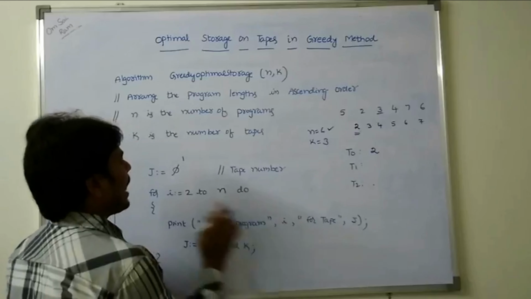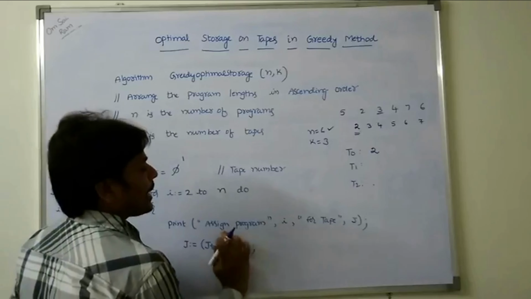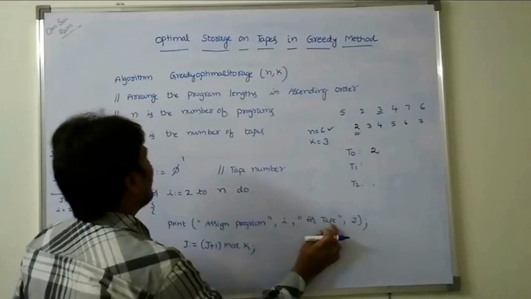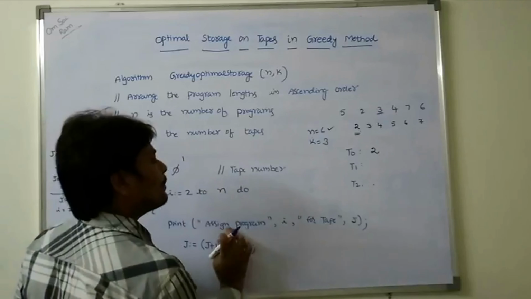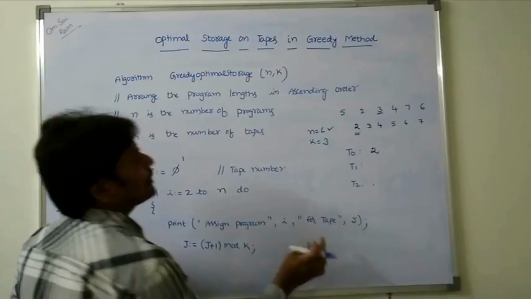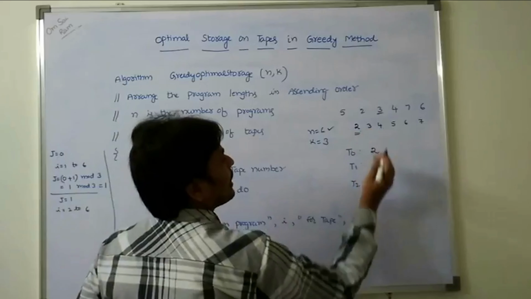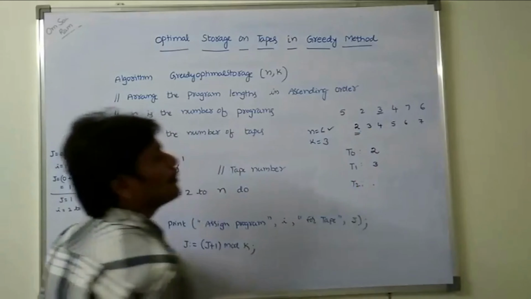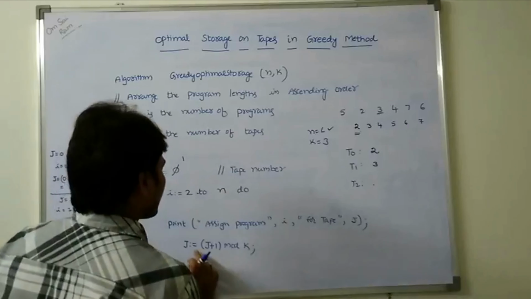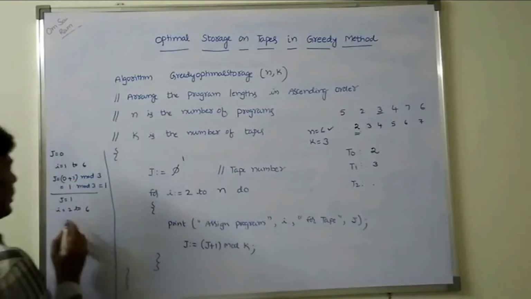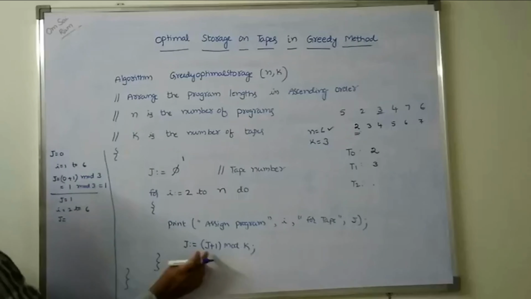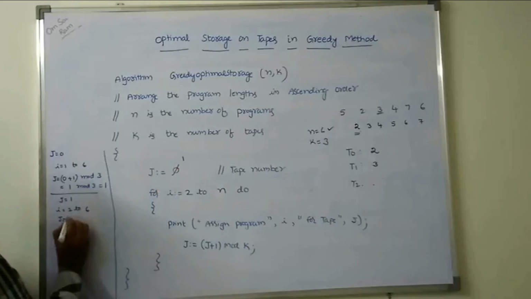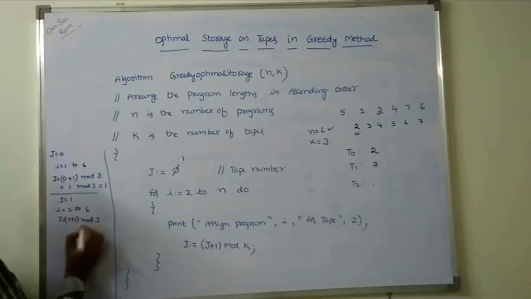Assign program i, i value is 2, so assign program 2 for tape j value 1, assign program 2 for tape 1. Program 2 is 3, it can be assigned to tape 1. Next, j is equal to j plus 1, j value is 1, so 1 plus 1, mod 3, that is 2 mod 3 is equal to 2.